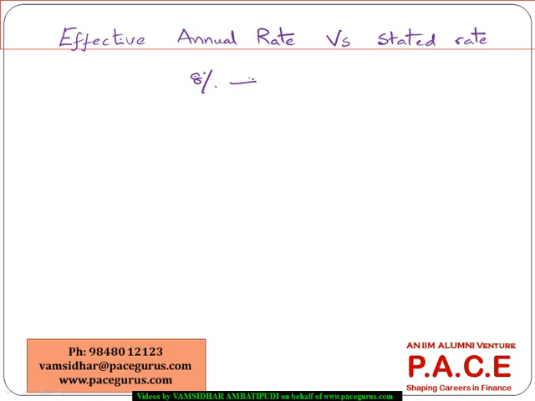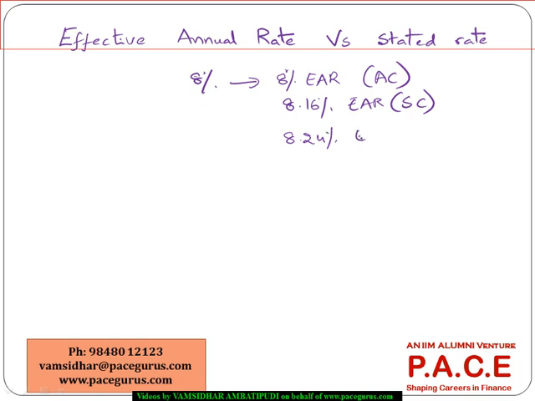So the 8% stated could be 8% effective annual rate if it is annual compounding, 8.16% effective annual rate if it is semi-annual compounding, 8.24% effective annual rate if it is quarterly compounding, and 8.33% effective annual rate if it is continuous compounding.